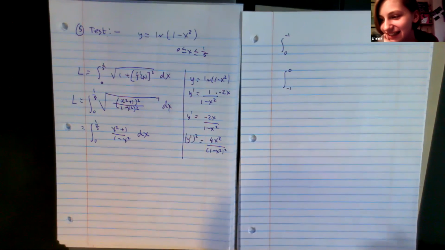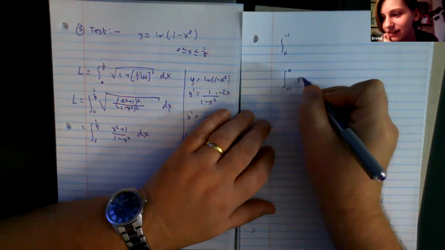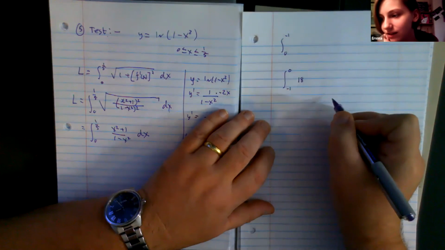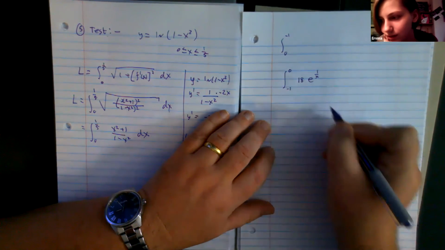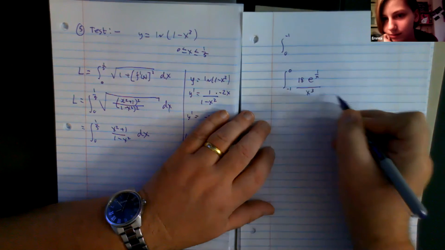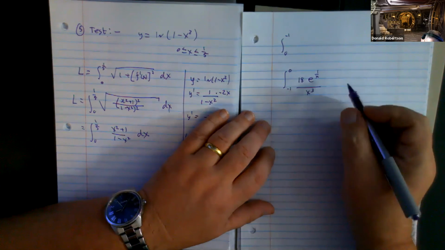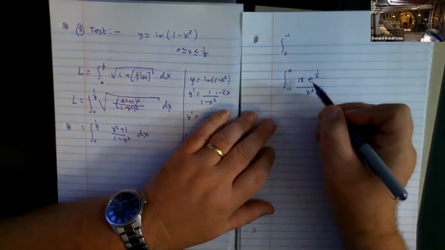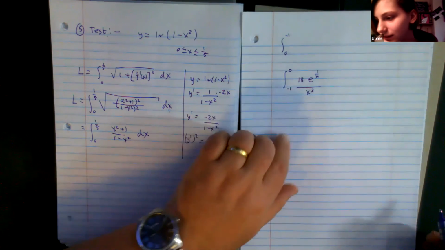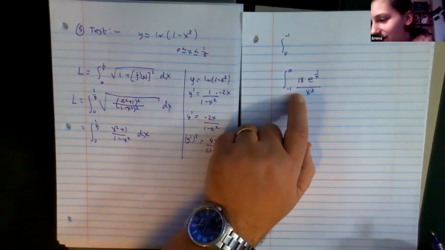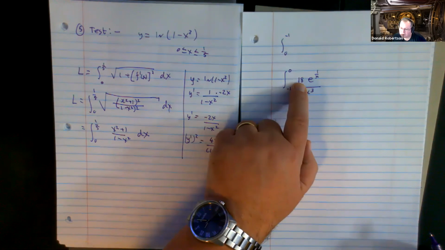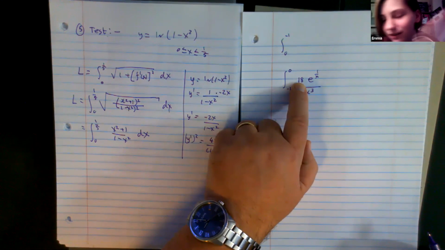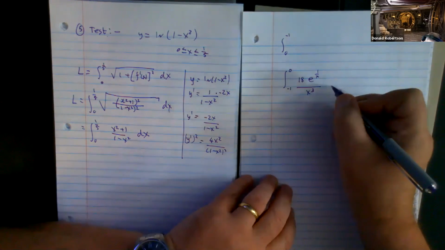Then 18, and then e to the 1 over x divided by x cubed. But the 18 is not divided by the x cubed. I don't know, it was written weirdly. That messes me up every time. I don't know where you put the 18 then. I put it outside the integral. Oh, that's fine. I would do that as well.